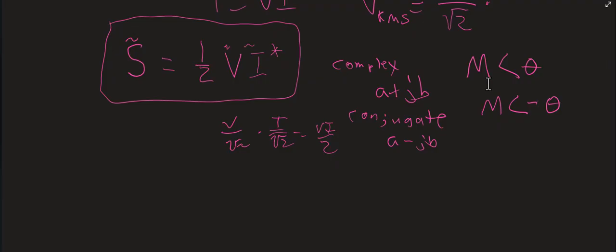Now, if I want just the magnitude of the power, one way to say that you want the magnitude is to put it in absolute values, or I can just write it without the little squiggle on top. If I just want the magnitude of it, that has a special name that's called apparent power.